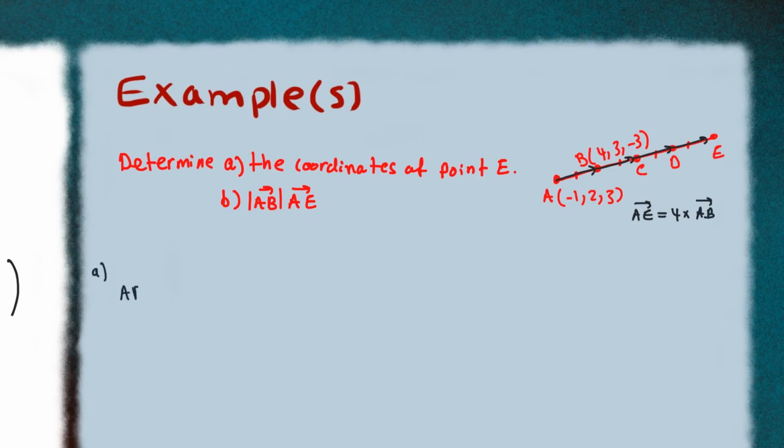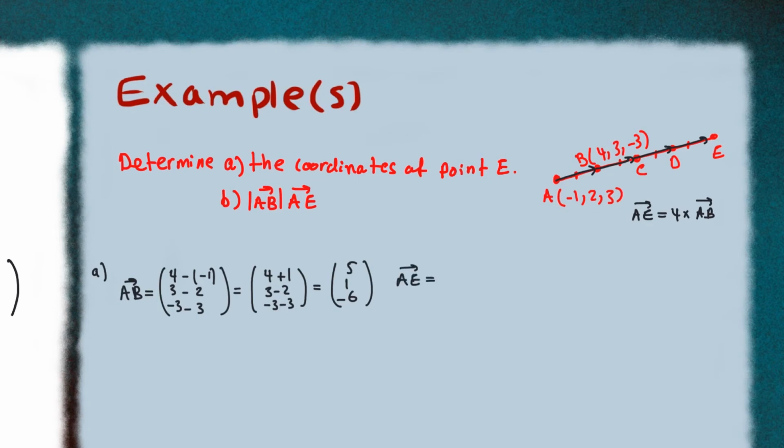So vector AB can be calculated by taking the coordinates of point B and subtracting them by coordinates of point A. By doing that, we will end up getting x component of 5, y component of 1, and z component of -6. We know that AE equals 4 times vector AB, so we multiply all the components by 4, getting 20, 4, and -24 as our 3 components.